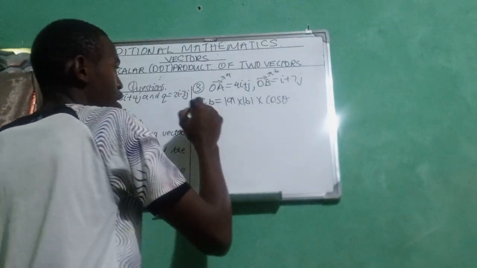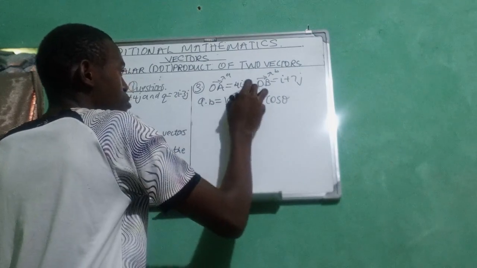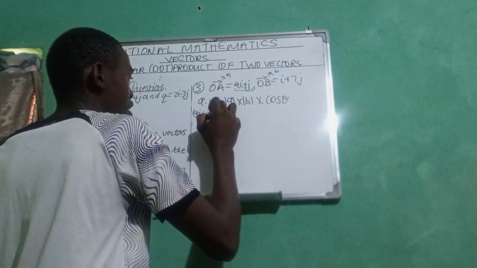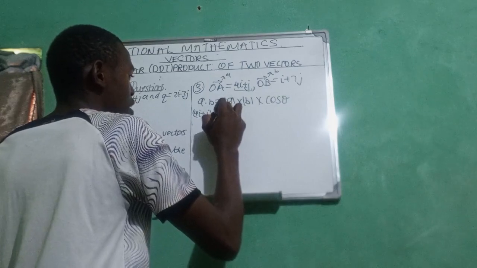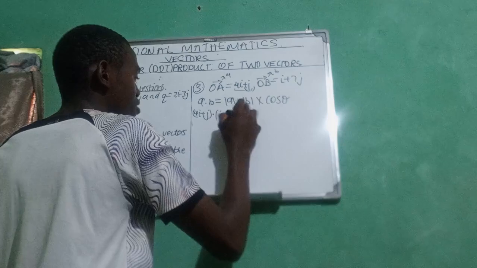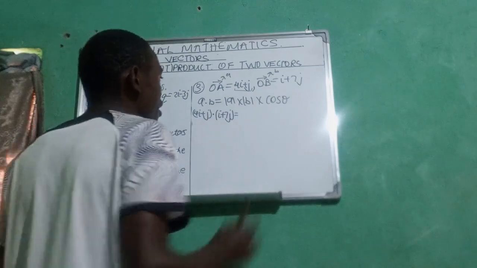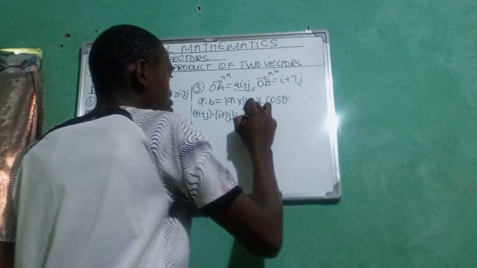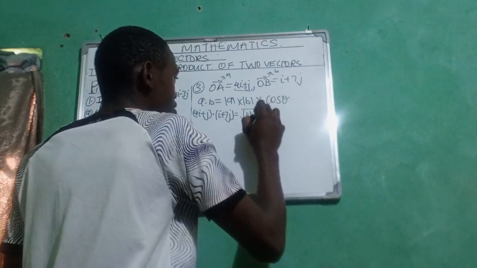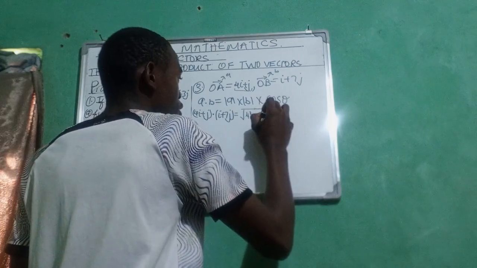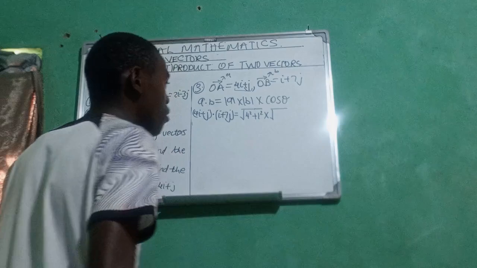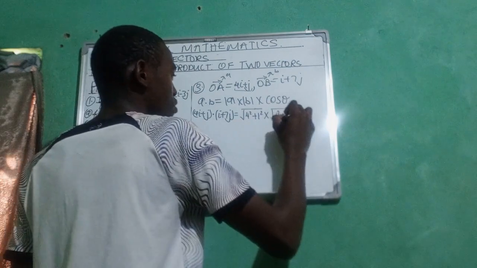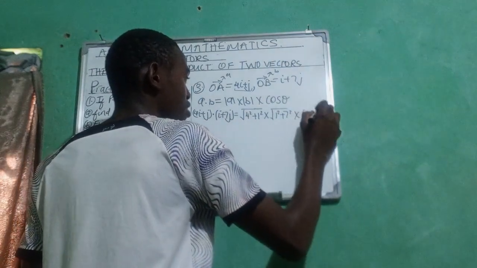So our a is substituted by 4i plus j, multiplied by our b, i plus 7j, is equal to the magnitude of a, which is the square root of the x component squared, 4 squared, plus the y component squared, 1 squared, multiplied by the magnitude of b, x component squared, 1 squared, plus the y component squared, 7 squared, multiplied by cosine theta.